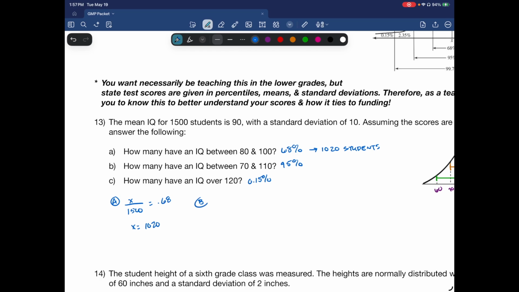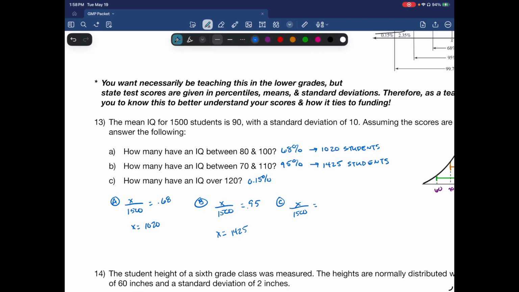For B, I'm going to say X over 1,500 equals 95% or 0.95. So X equals 1425. So that means 95% of the students fall within two standard deviations, so 1425 students. And then for C, you got X over 1,500 equals 0.15%.